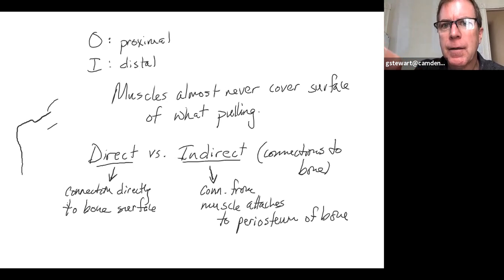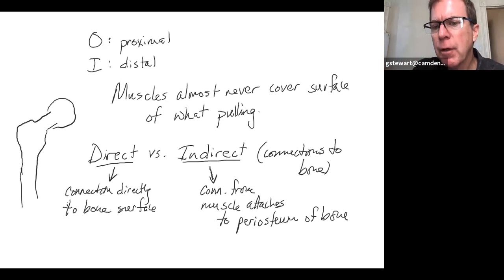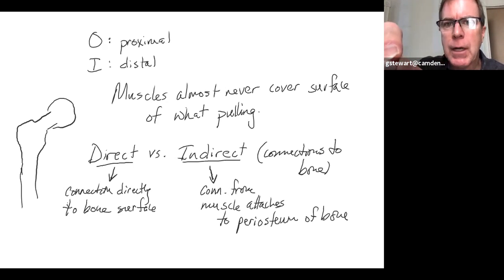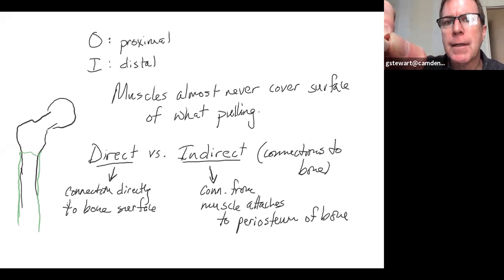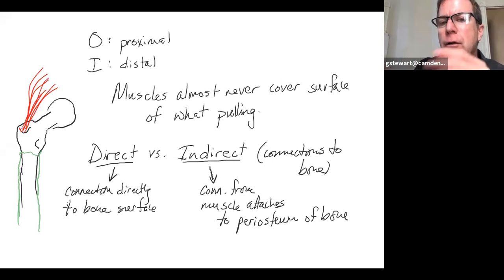There's the neck, there's the head of the femur. On this femur, there's a periosteum, I'll make it in green, that covers the diaphysis of this bone. Now, muscles that attach directly to, say, the greater trochanter via their tendons, like, let me draw the greater trochanter. If this is the backside of the bone, there's the greater trochanter, there's the lesser trochanter. Muscles that attach directly to bone surface, like the one I'm drawing, are scientifically known as direct attachments.